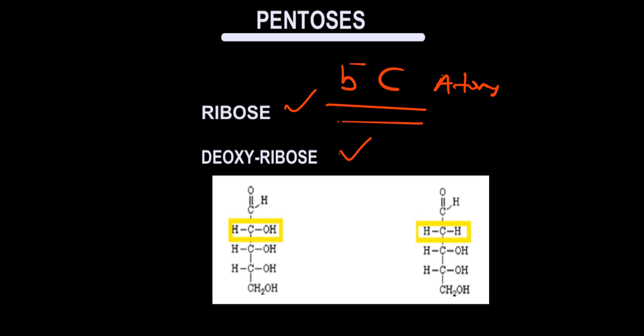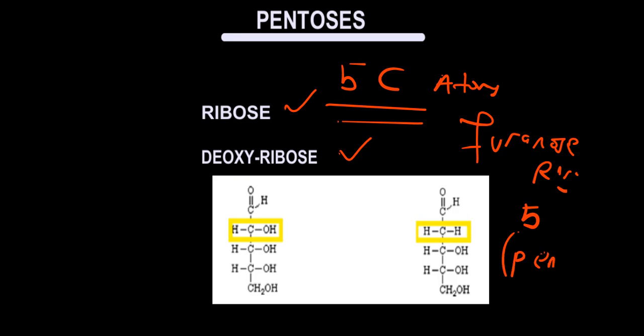Both of these are stable in the furanose ring because they've got 5 carbons, and 5 carbons usually go with a pentagon structure. That's the stable form that they accommodate.